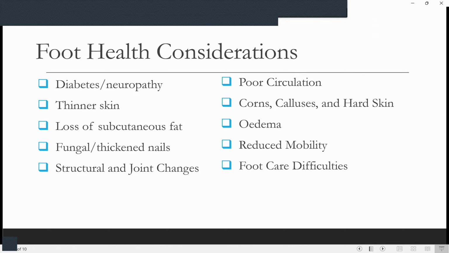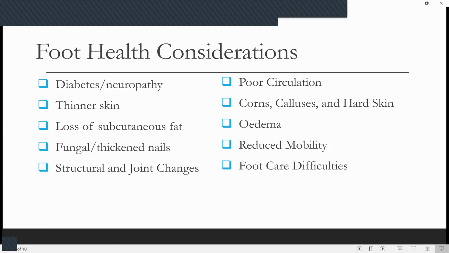The reduced circulation can lead to cold feet. You can have corns, calluses, and hard skin, all of which can make it harder to work the reflexes you need to. Edema, you can have swelling, and again, that can stop you feeling all the bony prominences that help you find the reflexes.